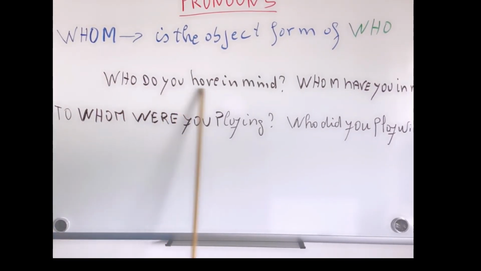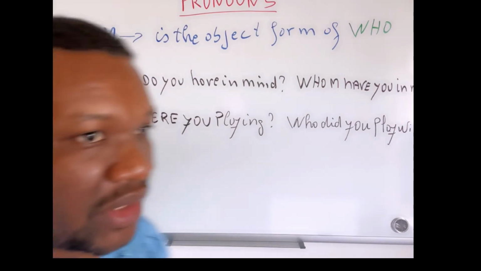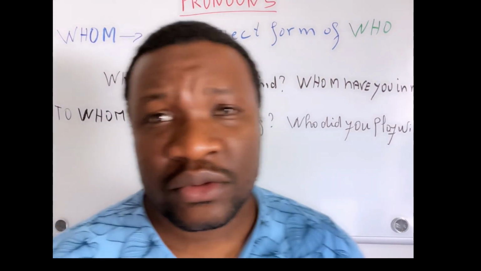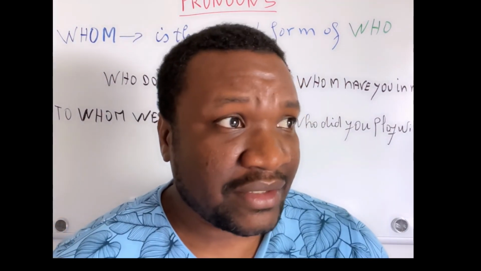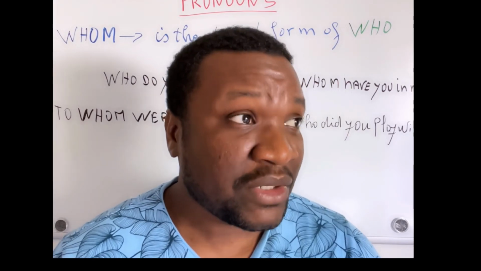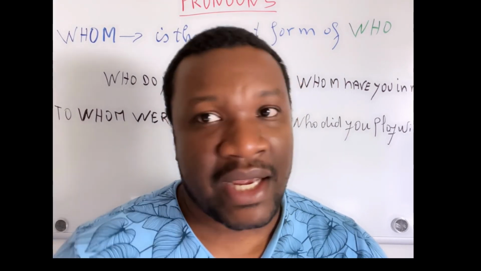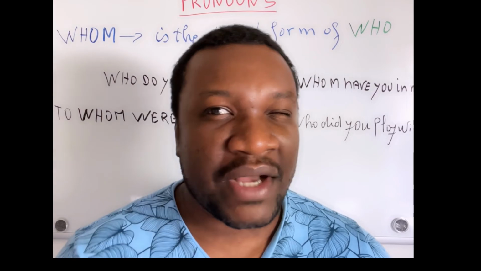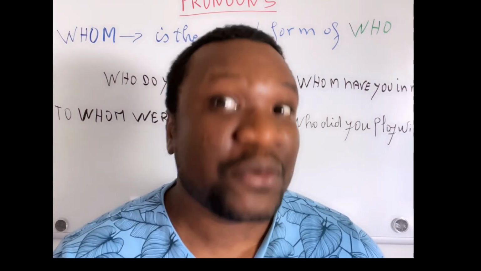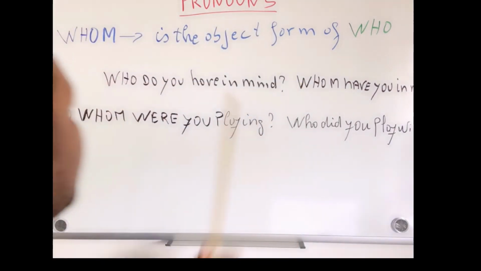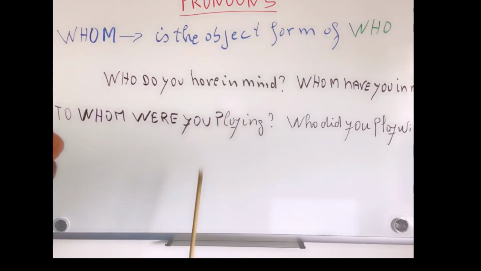Who do you have in mind? I asked you a question. Someone did something really good, and I asked you, who do you have in mind? Guess who? Whom have you in mind?